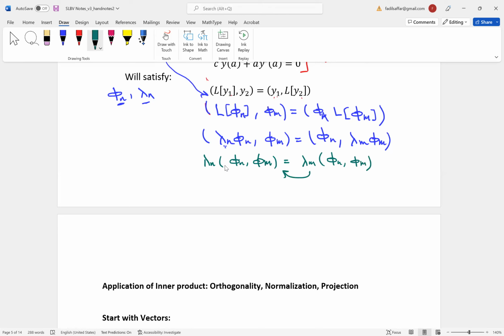We can move these to the other side. So that would be lambda n minus lambda m, taking this part as a common factor, and that's multiplied by the inner product of phi n and phi m.